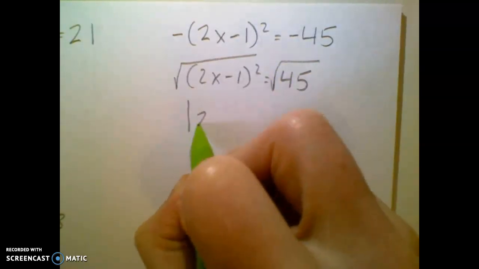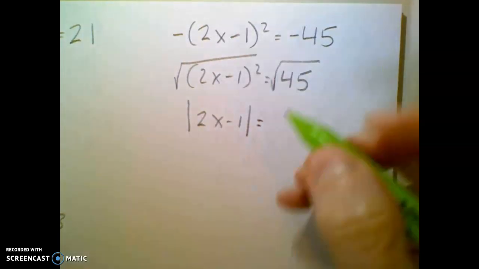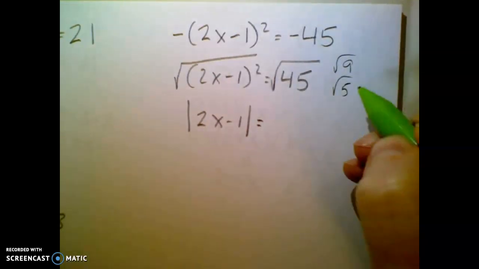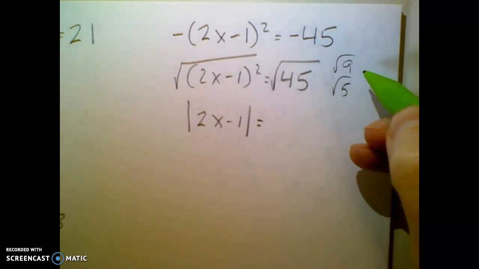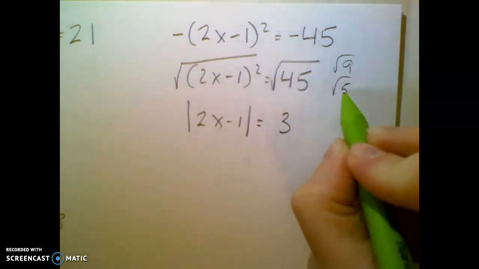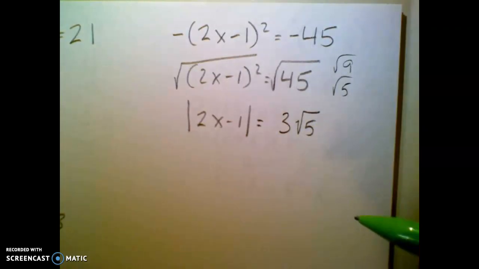So absolute value of 2x minus 1 equals square root of 45, which is a 9 times a 5, so square root of 9, square root of 5. Hopefully you're doing that shortcut where you don't actually do a factor tree, but do what you've got to do. Square root of 9 is a 3. Square root of 5 is just, I'm sorry, root 5. So I'm stuck with that guy.